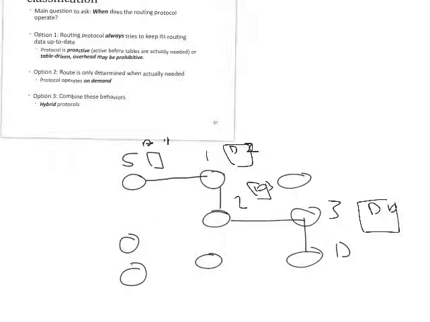So once this route is established, I will keep these routing entries in the tables. So later on, there is a source here that wants to send to D. There is a source 2 that wants to send to D. Okay? So in that case, maybe the routing will end up being like this and like this.